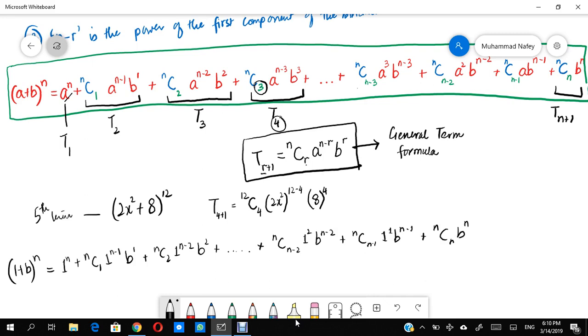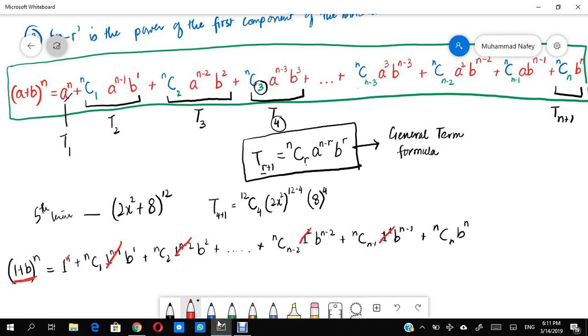Now this thing can be made simpler. Why? Because we know that whatever power we apply to 1, we'll always get 1 and we don't need to write 1 in multiplication cases. So in such an expansion, we can very simply remove these terms.